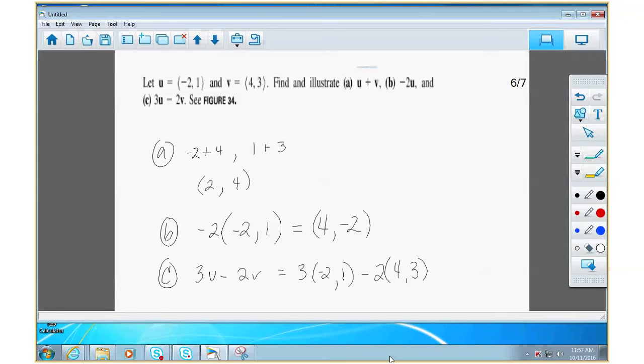And that's going to give us negative 6, 3, minus, or plus, a negative 8, negative 6. And what is negative 6 plus a negative 8? Negative 14. And what is 3 plus a negative 6? Negative 3. And that's how you do this.